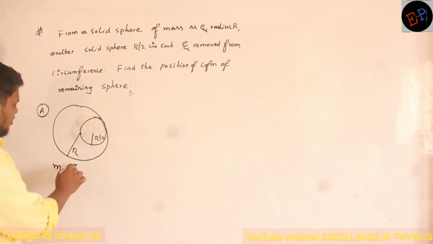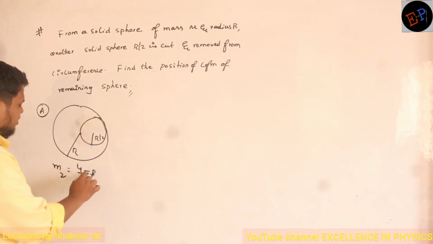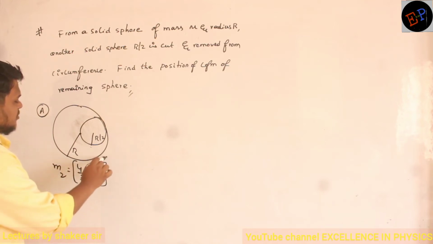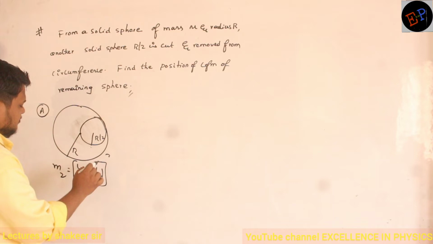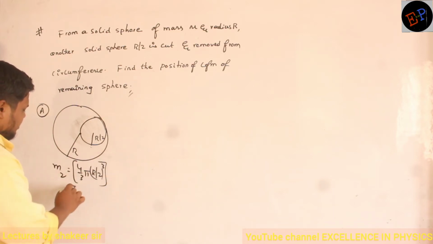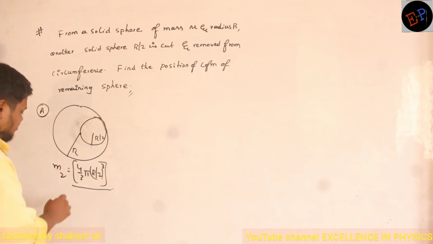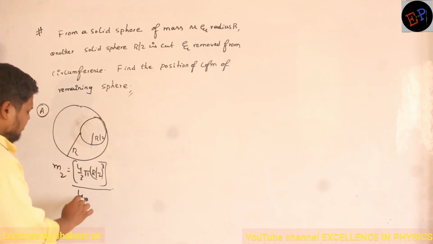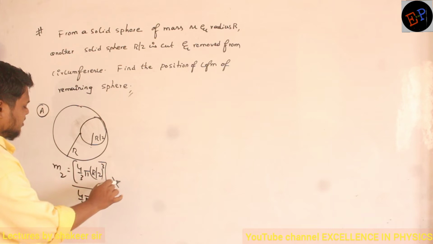It is a fraction of volumes. So 4 by 3 pi, radius of the smaller one is r by 2, so 4 by 3 pi (r by 2) cube divided by volume of the original sphere, 4 by 3 pi capital R cube, multiplied by total mass.